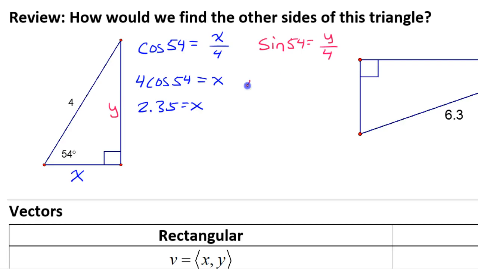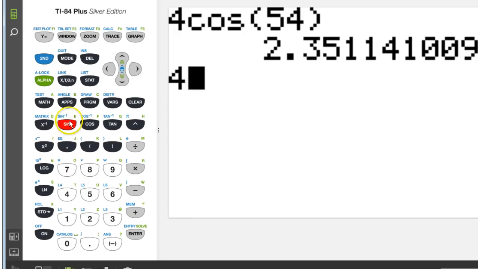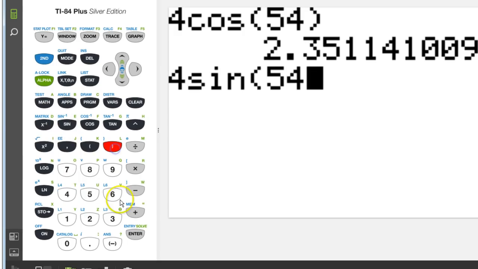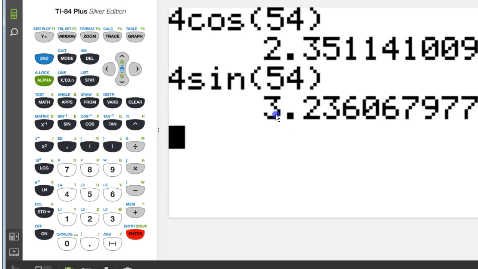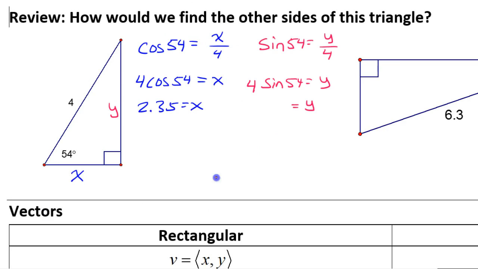Multiplying by 4, I would get 4 sine 54 is equal to y. And then it would just be a simple matter of putting this in my calculator. 4 sine 54. 3.24.